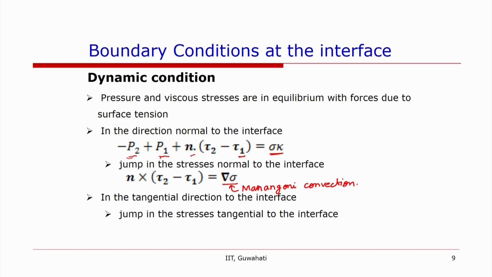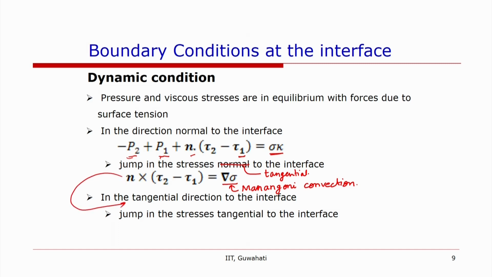So if there is a surface tension gradient, then we have a jump. Sorry, this is wrong, this is tangential. Anyway, this should have been here and this should have been here.